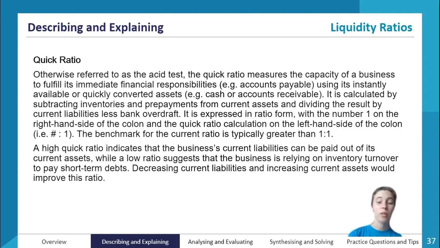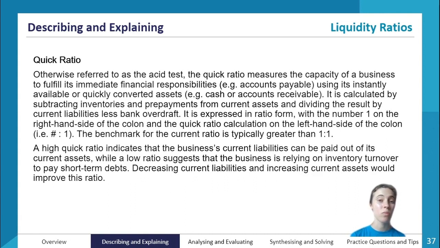A low ratio is going to suggest that the business is relying on inventory turnover to pay short-term debts. So it's relying on selling its products in order to pay those short-term things.